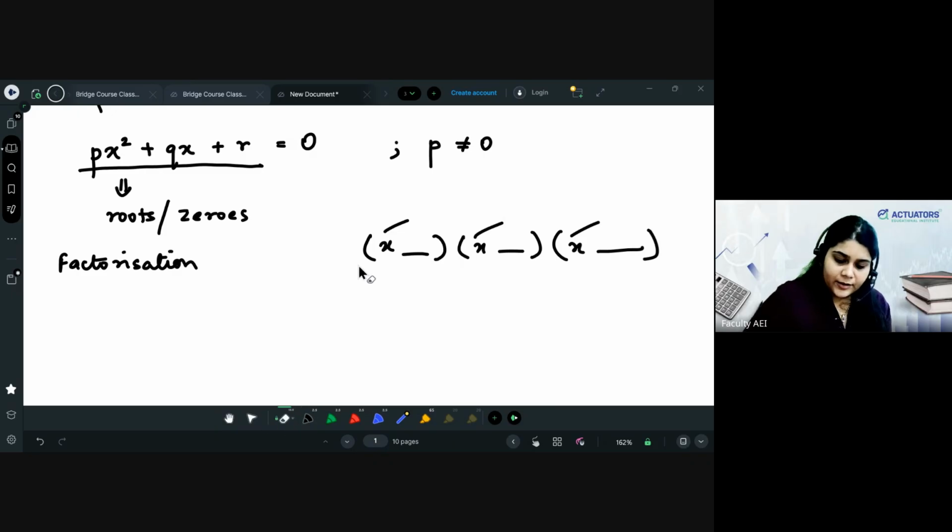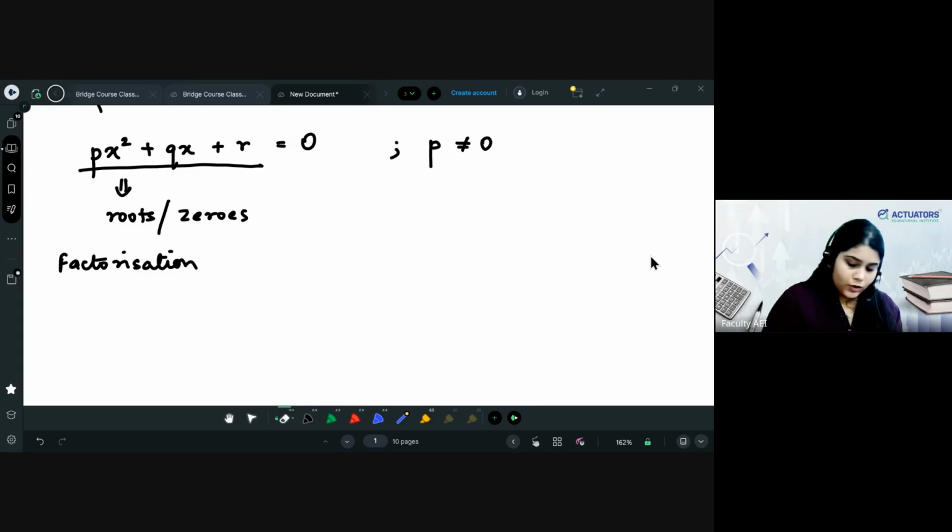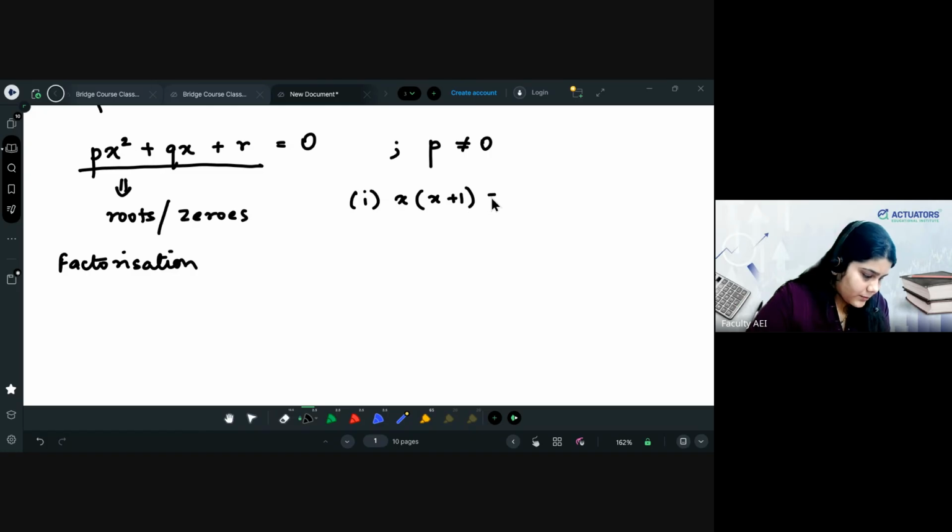Okay. Acha. Before we move on to factorization, quickly there were two things just to ensure कि you don't sit with unnecessary presumptions in your head. Tell me whether these two are quadratic polynomials or not. पहले quadratic polynomials नहीं, quadratic equations only.